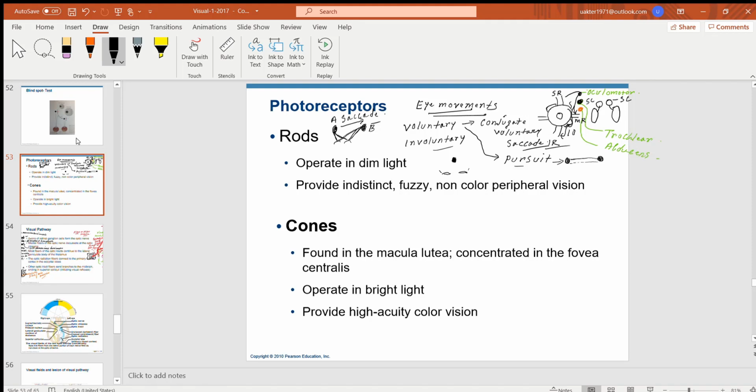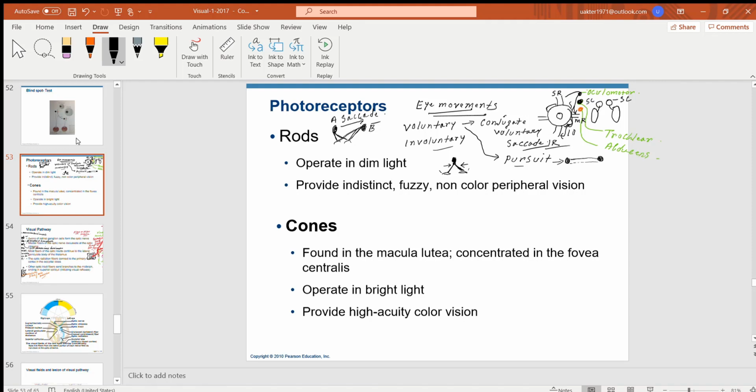So if I show you my finger and ask you to fixate your eyes, you move your eyeballs in opposite direction, right? This eye will move this way and this eye will move this way to fixate your eye. So that is the vergence or fixating type eye movement, moving in opposite directions.